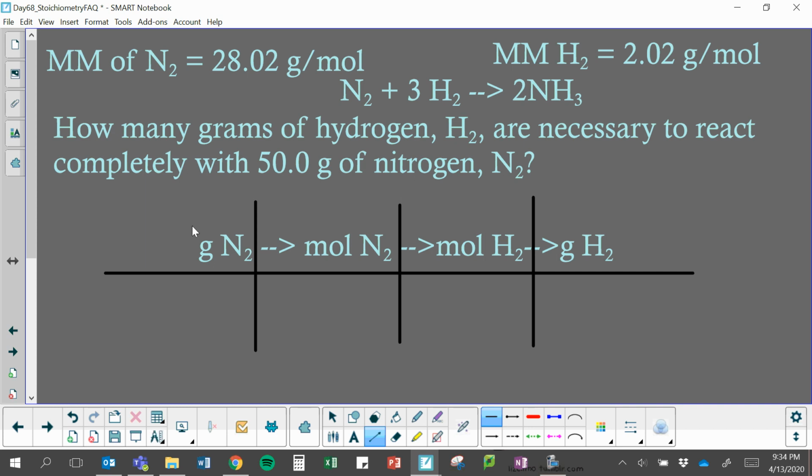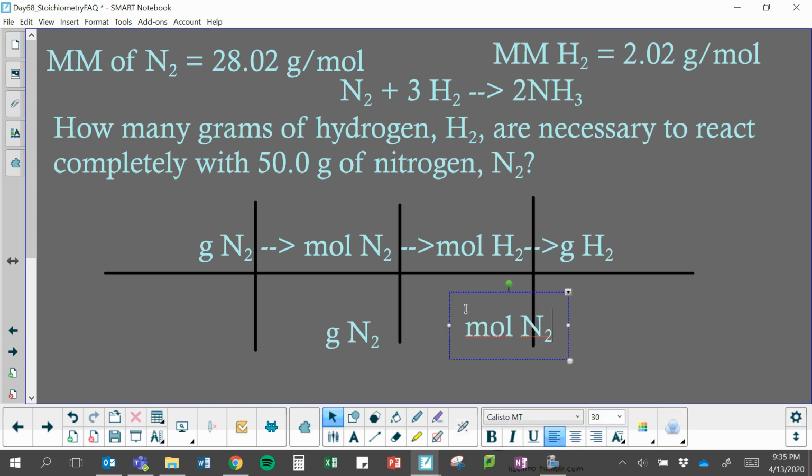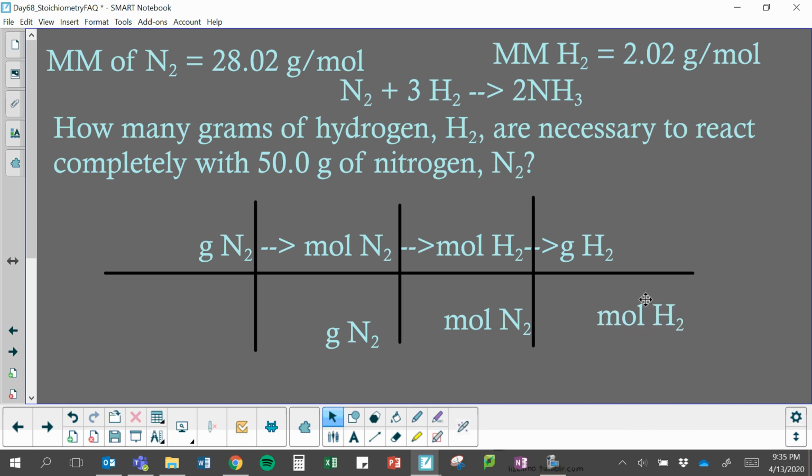But for this next one, we want grams of nitrogen to cancel, so we can put grams of nitrogen on the bottom. We want the moles of nitrogen to cancel, so we can put moles of nitrogen on the bottom. And then we want the moles of hydrogen to cancel, so we can write moles of hydrogen over here. So this is a quick way that you can turn that pathway into your equation and see where everything is going to go.